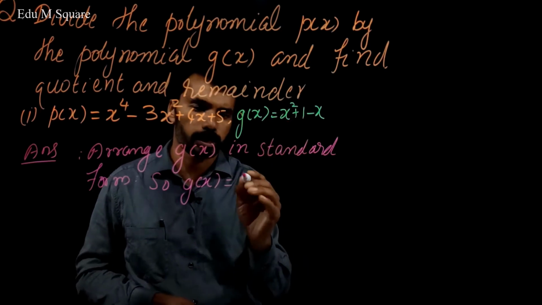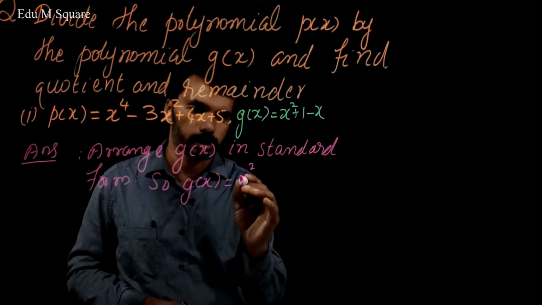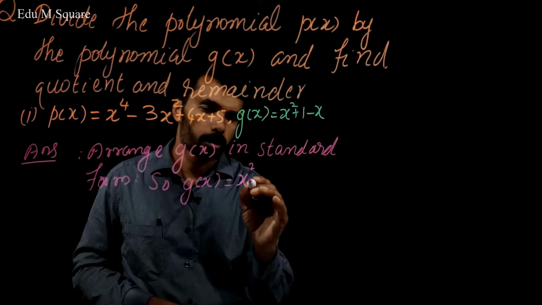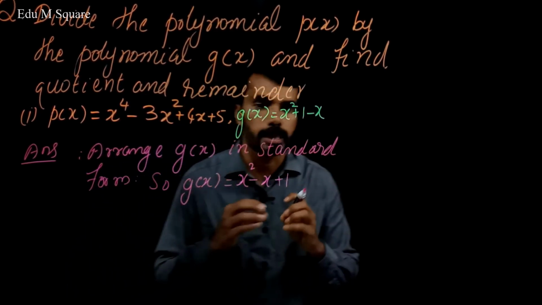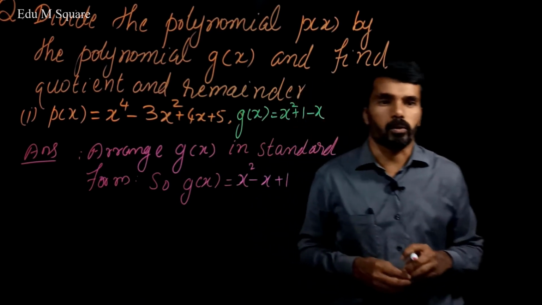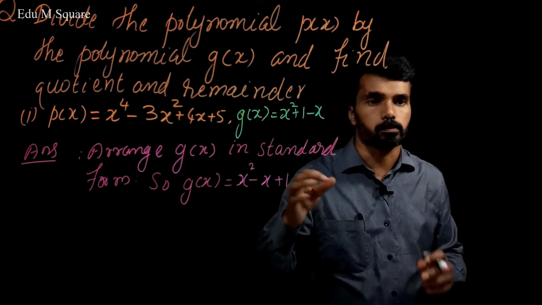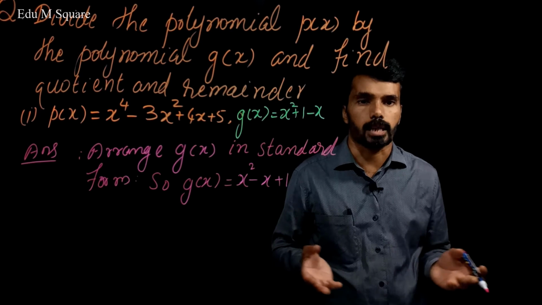So the highest power is here x square, then next minus x, then plus 1. Now it is in the descending order of the power of the variable: x square minus x plus 1. Now let us start the division.